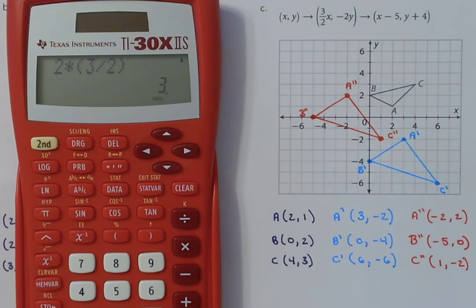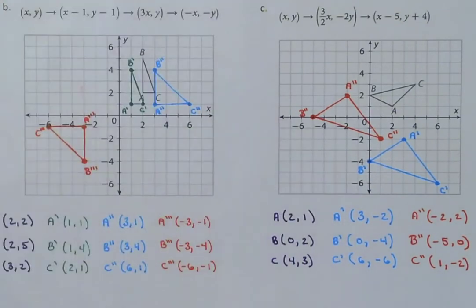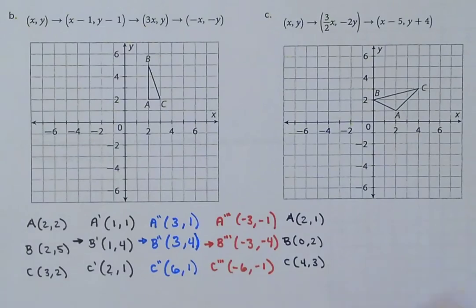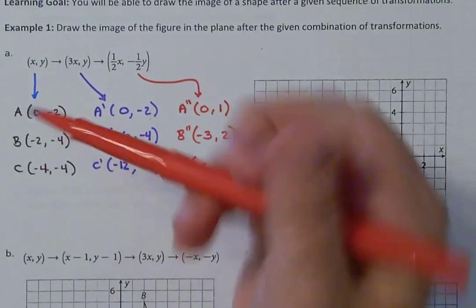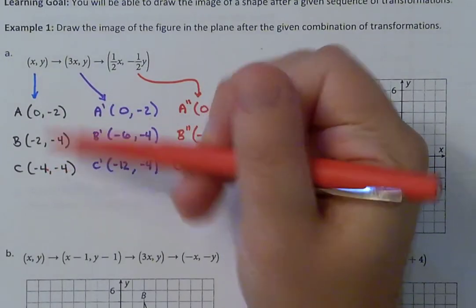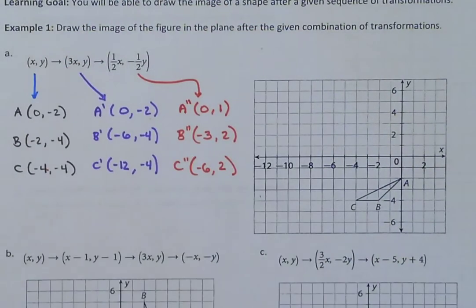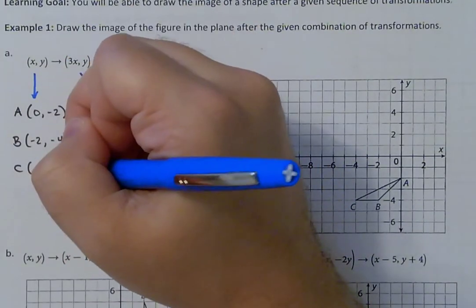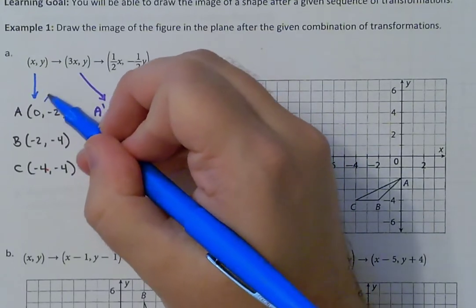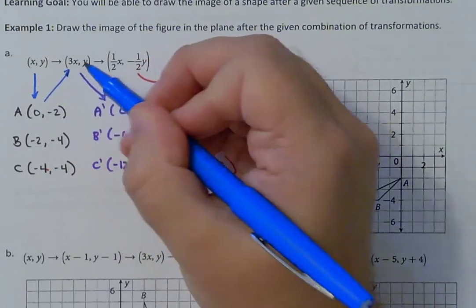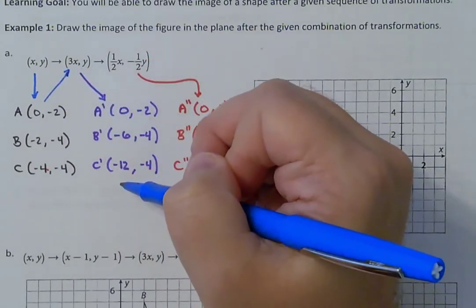I really suggest that you go through and do the points first, then plot. And just remember, like I talked about with example 1a, okay, you start out with your original points. You're going to take these points, you're going to plug them into this transformation, and you get your new points.